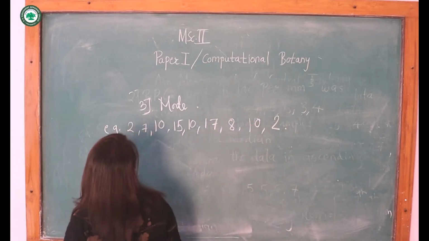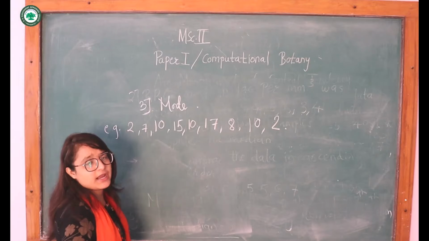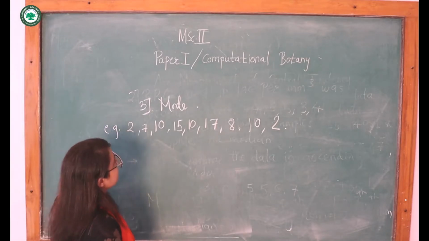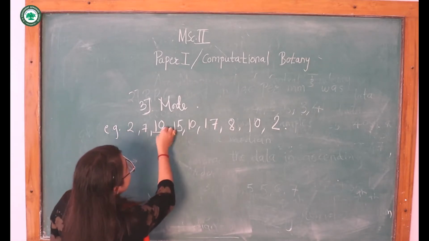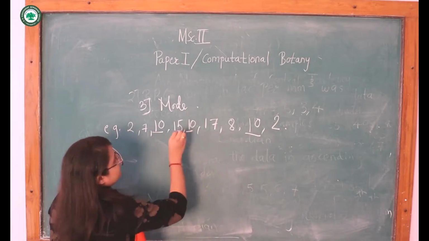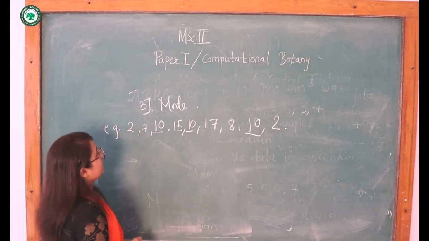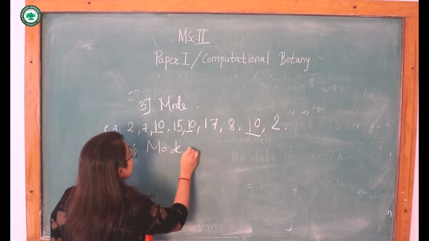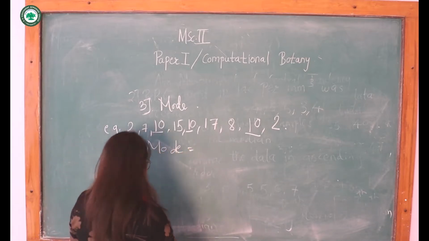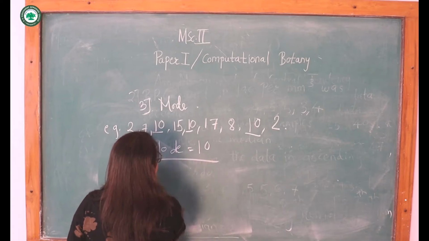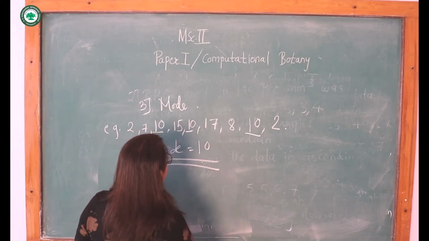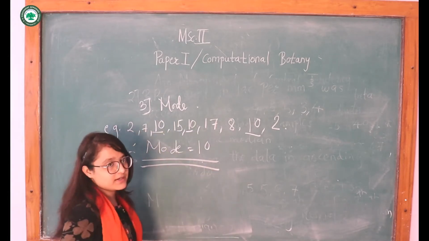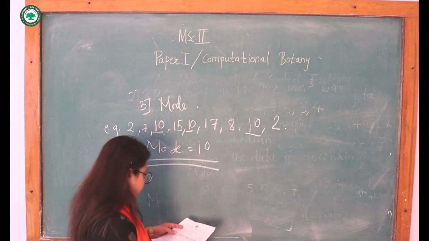Here you can observe that the number repeated the maximum times is 10, three times. Therefore mode is equal to 10, because the value 10 is repeated three times.